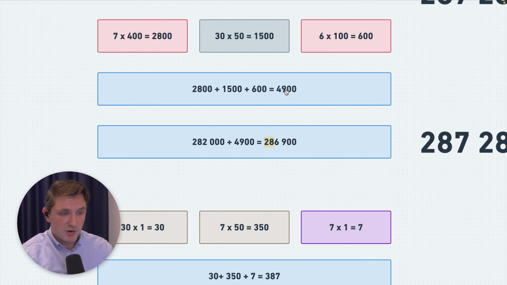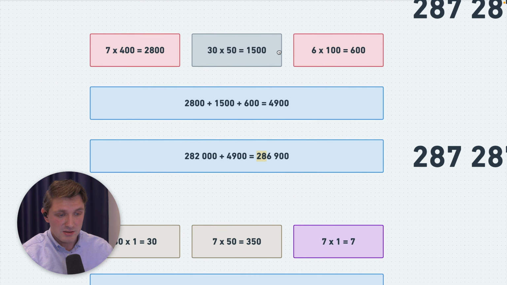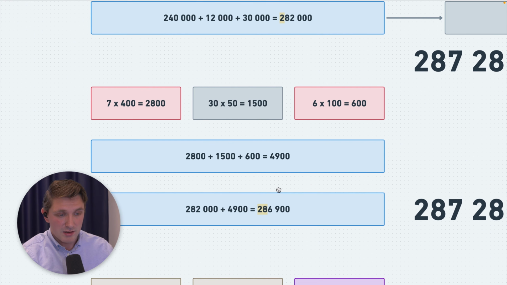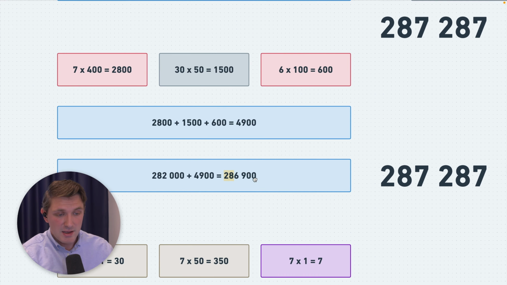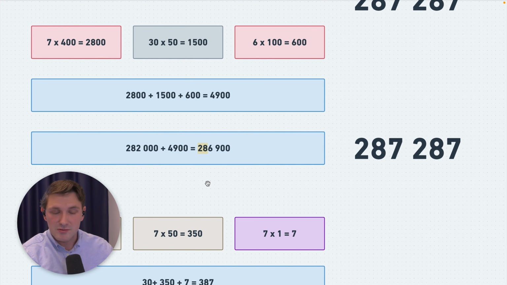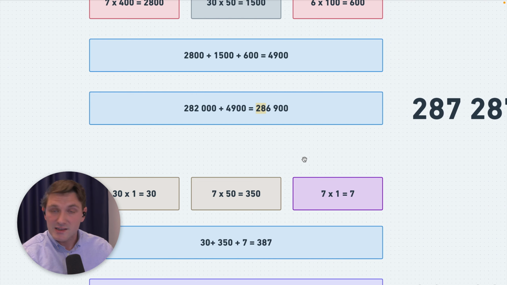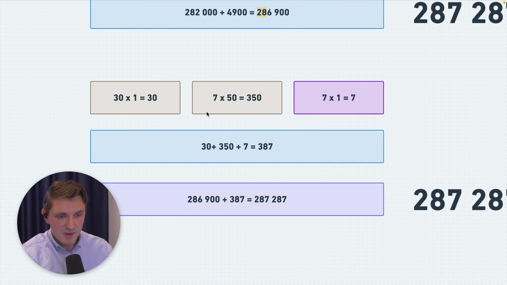Then we add this 4,900 to the previous answer. And we come in very, very close to the real number. For most estimations, this will be good enough, but let's get the correct answer.